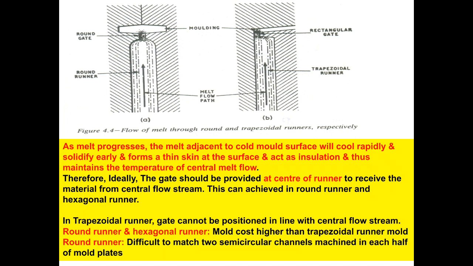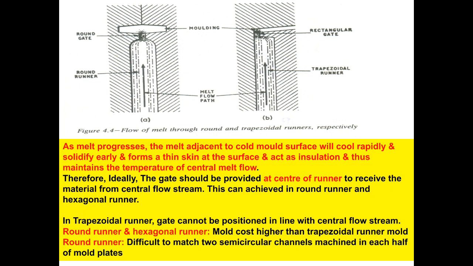As the melt progresses, the melt adjacent to the cold mold surface will cool rapidly and solidify early. The melt which is in contact with the surface of the mold forms a thin skin at the surface of the mold and acts as an insulation, and thus maintains the temperature of the central melt flow.